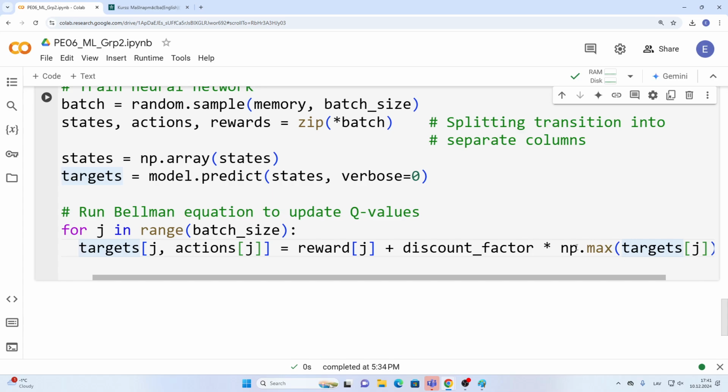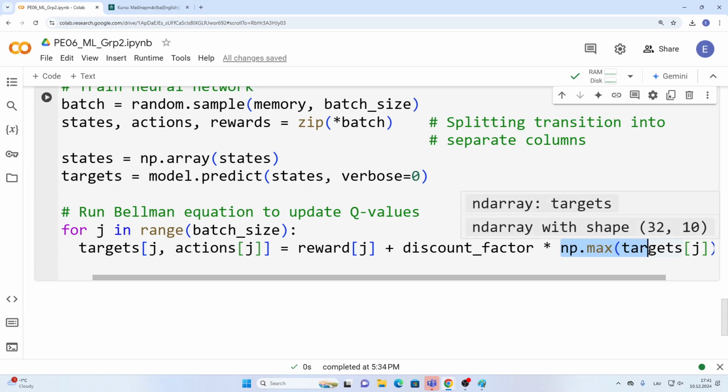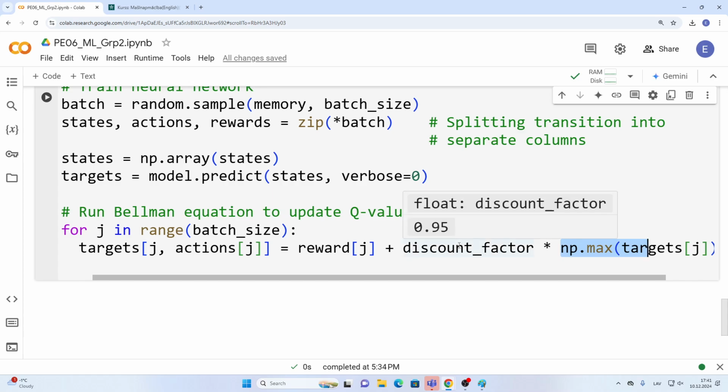So here we actually maximize our reward, yes, with a certain discount factor, which in my case is 0.95, which means that the algorithm is going to consider it a big deal to maximize the future rewards, not only the current reward right now, yes?